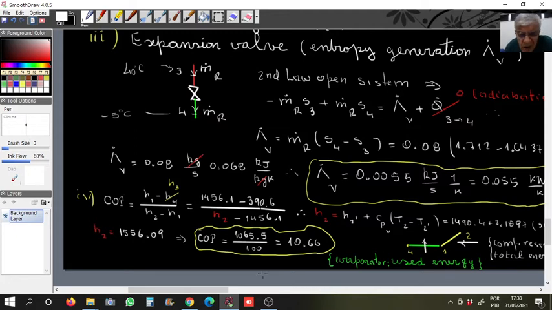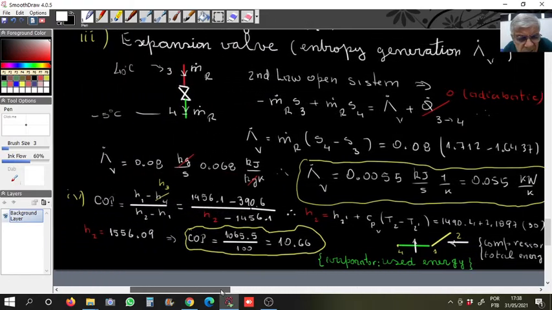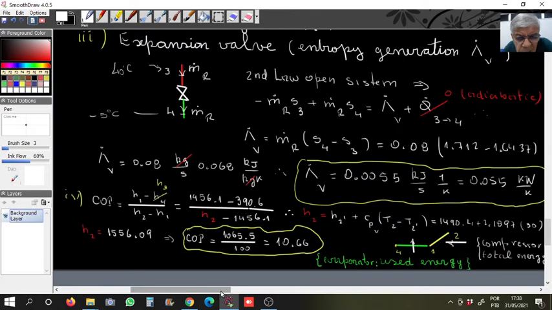I'm going to use again that formulation that I used for the compressor. The assumption is steady. Look, here I have inflow at 3, at 4 I have outflow.